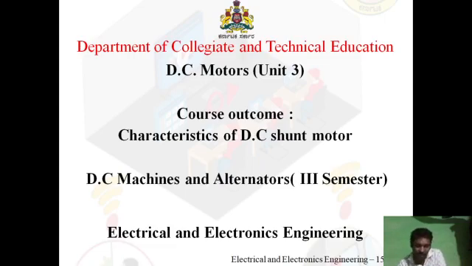The second one is the speed current characteristics, also called speed load characteristics, or also electrical characteristics. The third one is the speed torque characteristics or mechanical characteristics. So we have three different types of characteristics. Let us discuss these characteristics one by one.